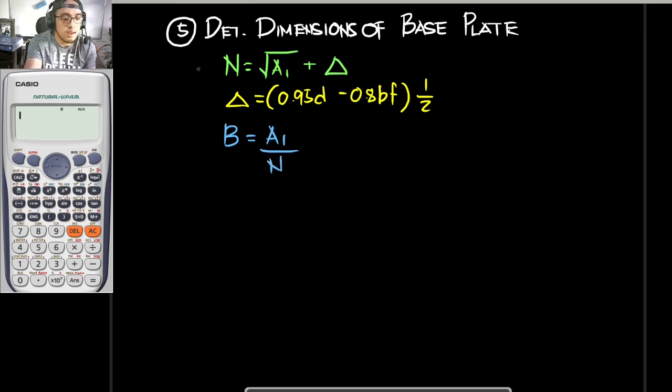So, nakuha na natin yung n natin. Okay. So, saan ba nanggaling tong formula na to? So, as you can remember from your solid mensuration classes before, area is equal to, if the area is to be a rectangle, that is to be base times depth.